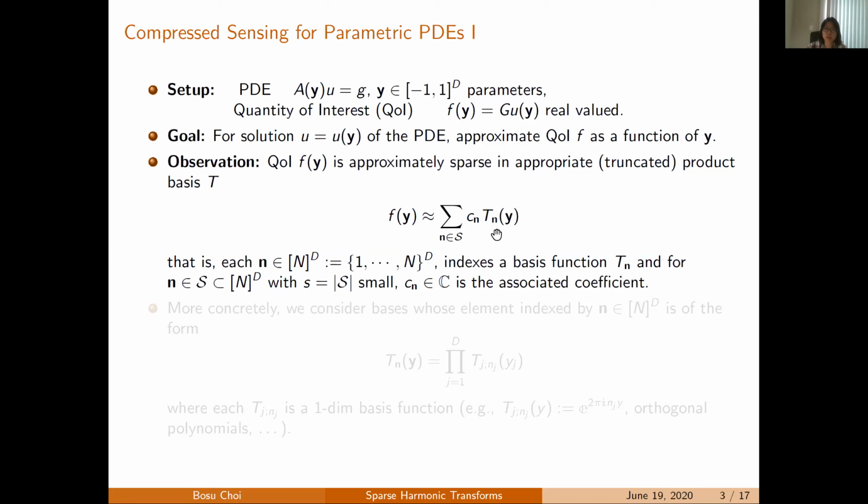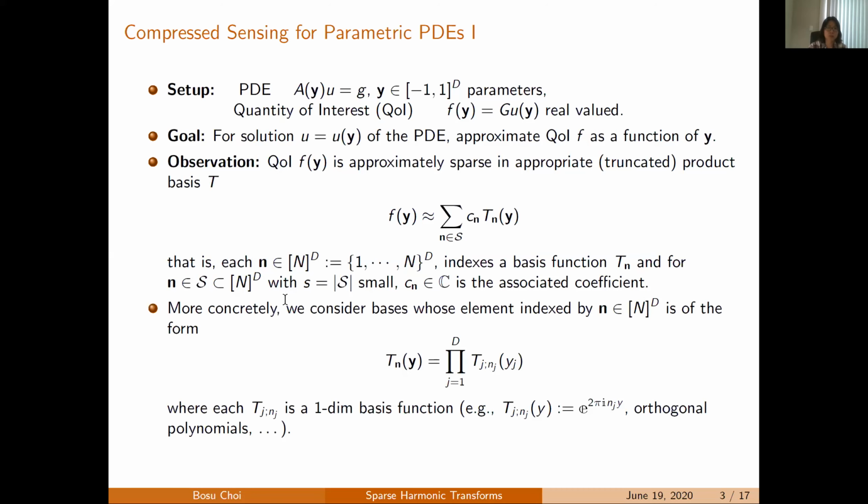This matches this particular product basis and corresponding transform coefficient c. And we have an additional assumption: the energetic index vectors with non-zero transform coefficients belong to some small set script S.